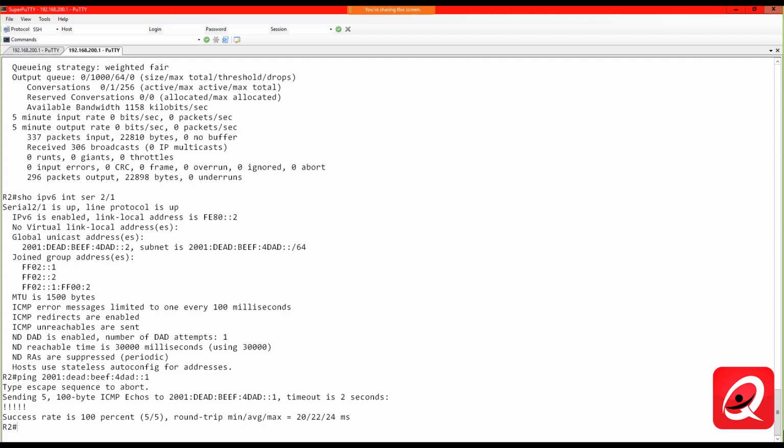That's kind of the background of PPP. I'm just trying to think if there's anything else I want to describe before we move on. Oh, the magic number. Absolutely, that's important. We use this magic number to detect loops in our PPP environment.